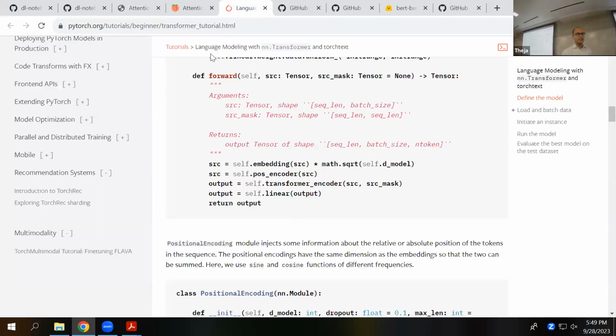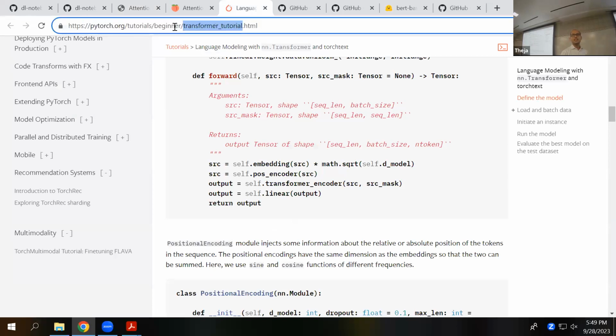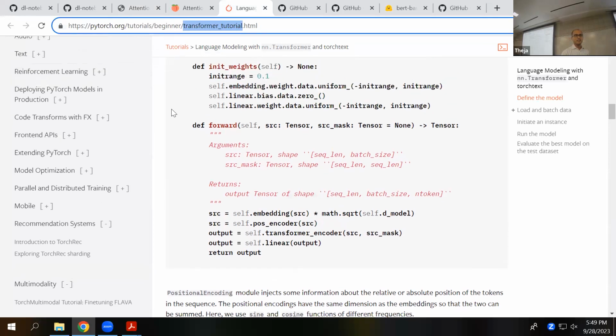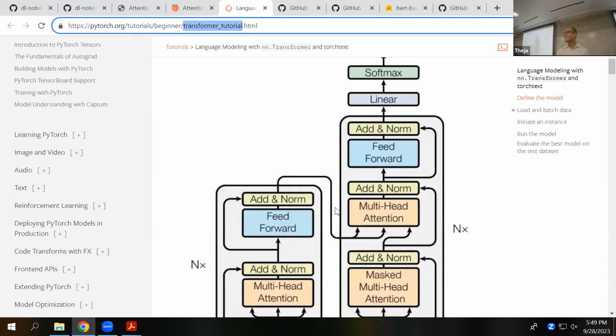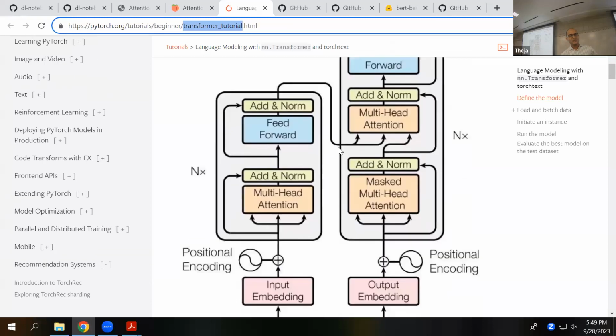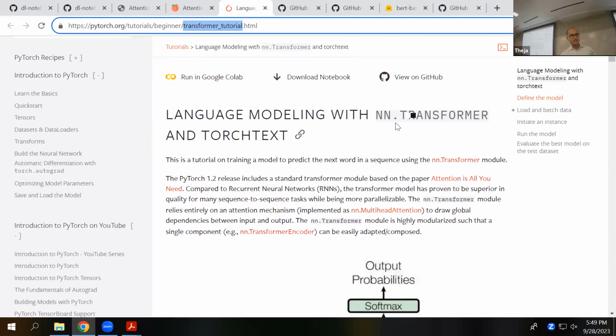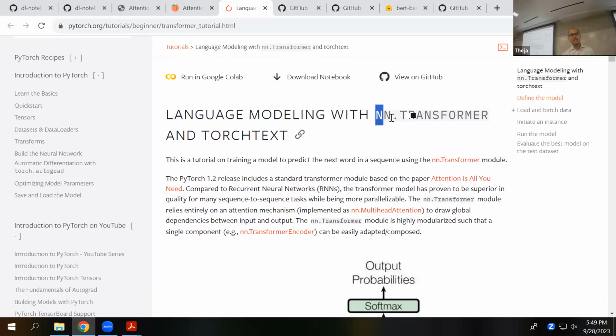Now, on the PyTorch tutorial website, there's actually a transformer tutorial, which is very interesting, and they use the same picture from the original paper. This tutorial talks about the nn.Transformer. So you don't have to code this whole thing.